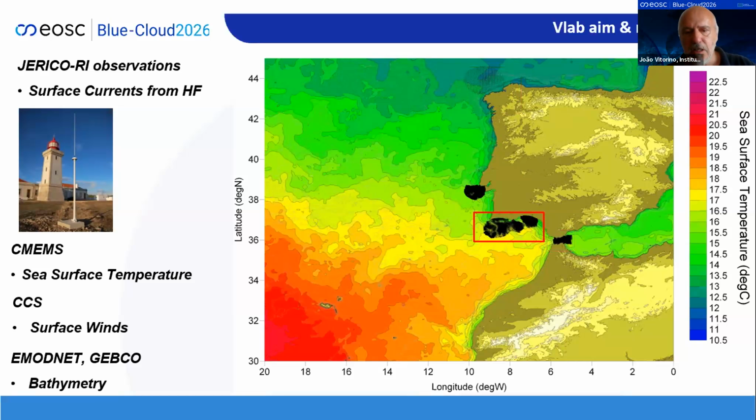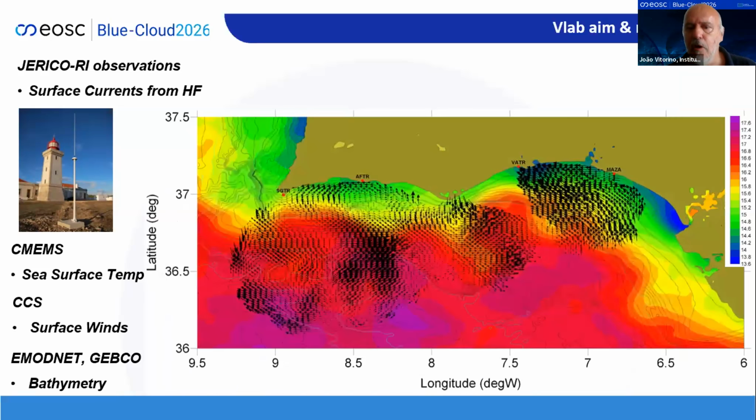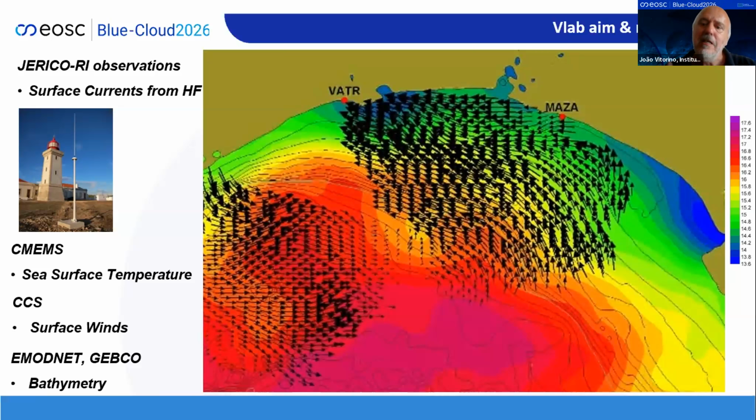And so by putting together the two pieces of information, we have a detailed view of the dynamics and of the temperature field. And only by visualizing these two fields, we can get already a perception of a number of processes that are taking place in these areas, and we can extend this.